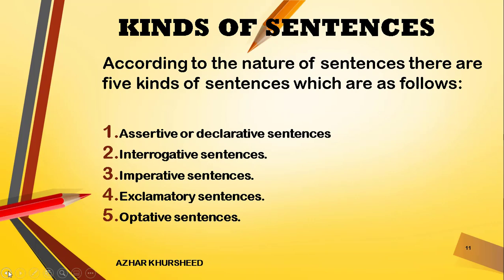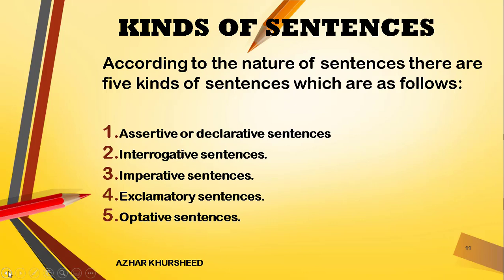Okay, let's come towards the kinds of sentences. According to the nature of sentences, there are 5 kinds of sentences, which are as follows. The first one is assertive or declarative sentences. Then comes the second, interrogative sentences. Then we have imperative sentences, exclamatory sentences and optative sentences.